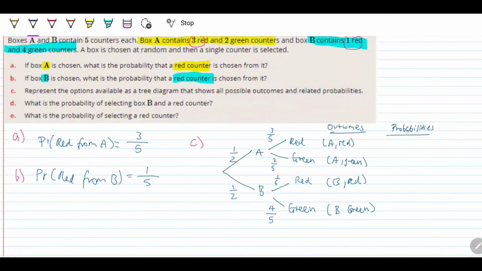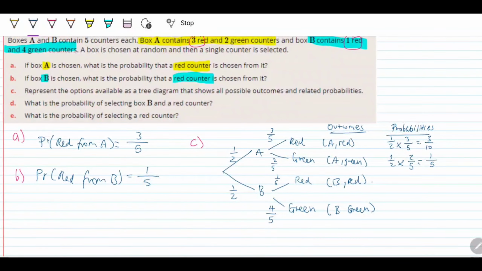So the probability to get the outcome of A in red will be half multiplied by 3 on 5. Remember our rules? We need to multiply the branches across. So A in red is going to give me 3 over 10. The probability to get A in green will be half multiplied by 2 on 5, which will give me 1 on 5, simplified.